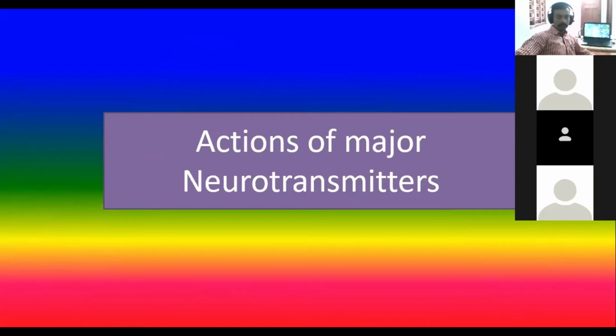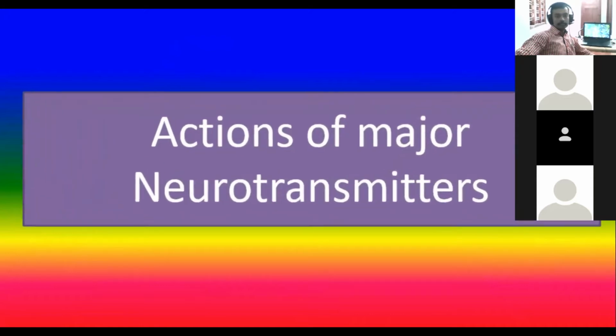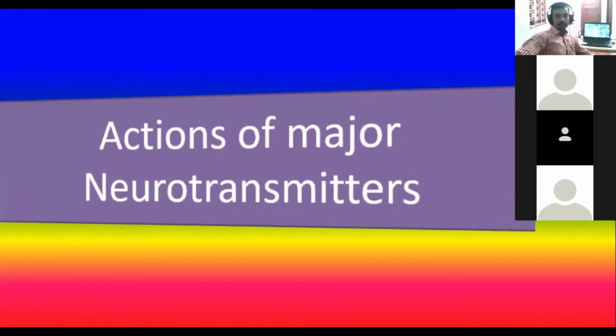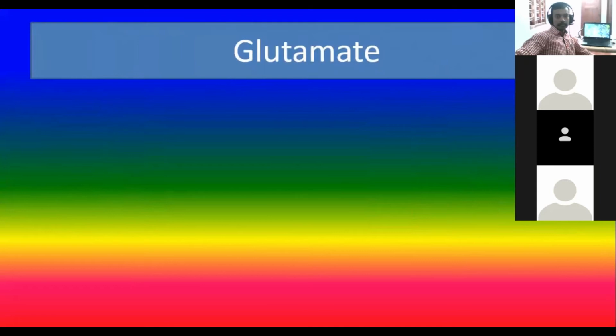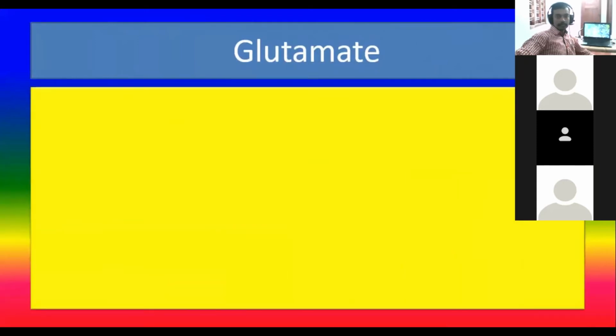Next, the actions of major neurotransmitters. First neurotransmitter name: glutamate.